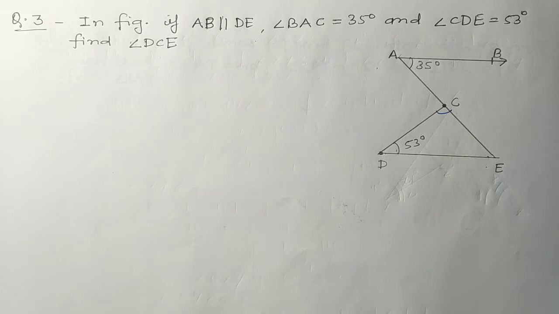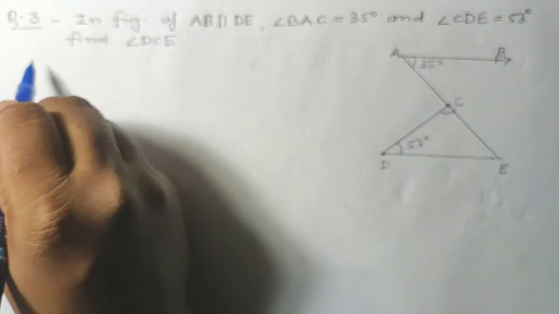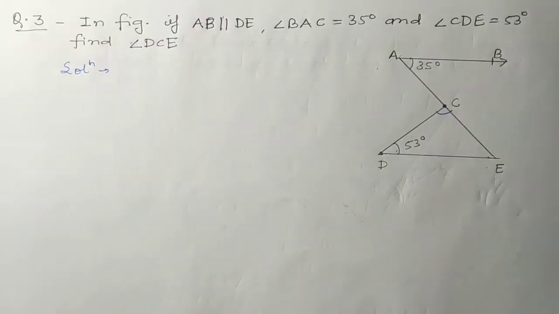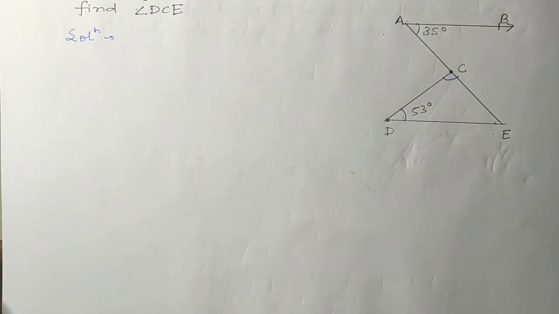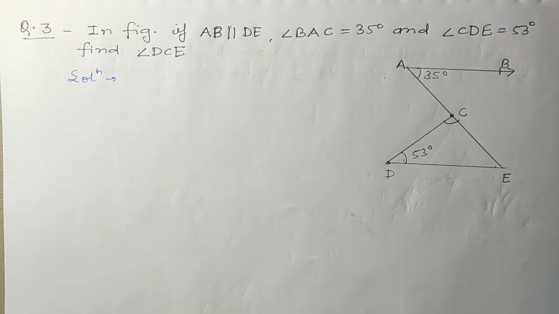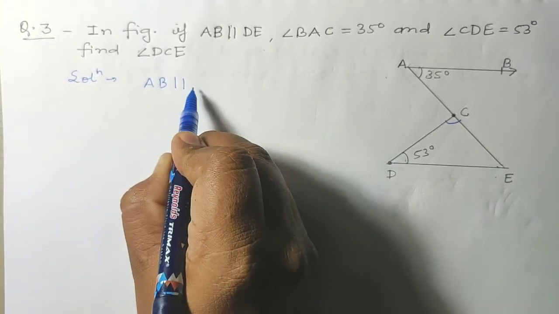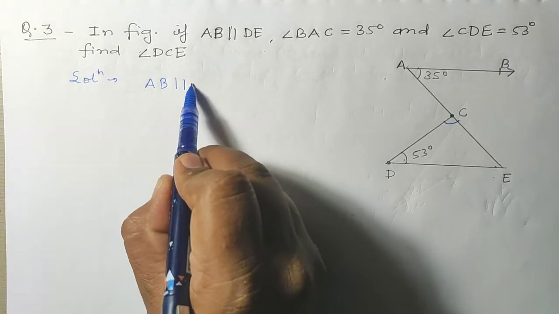Let us see. Firstly we'll write in the solution of this question that AB is parallel to DE.